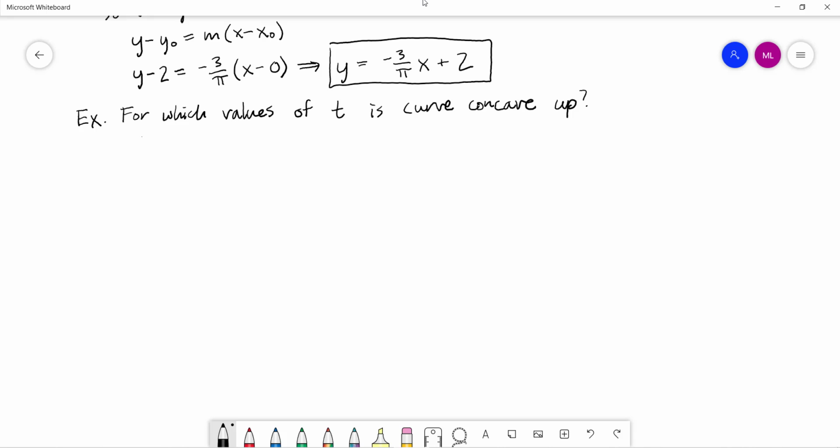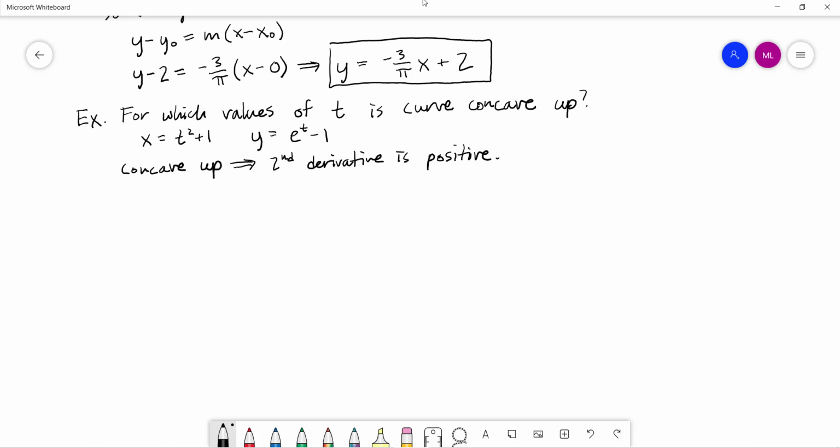And let's say the curve that we're interested in is x equals t squared plus 1, and y is e to the t minus 1. So concave up implies that the second derivative is positive.